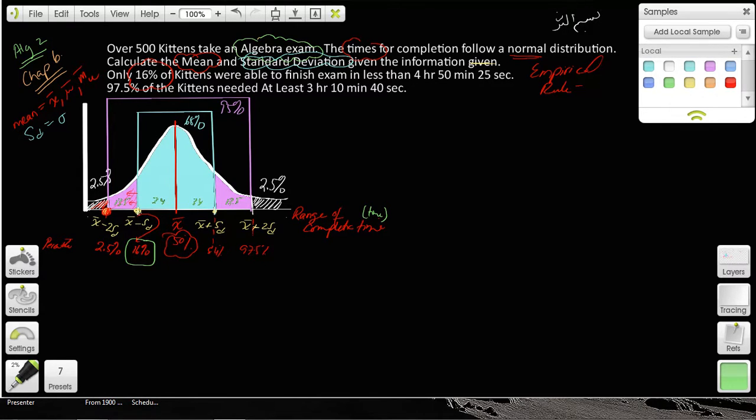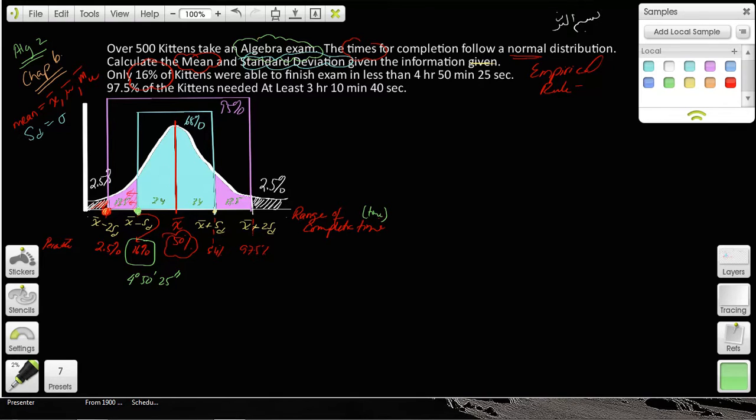So this data point corresponds to 4 hours, 50 minutes, and 25 seconds. That's how you write hours, minutes, and seconds. At this time t, 16% of the kittens had completed. All the rest of them were still taking the test, a long time.